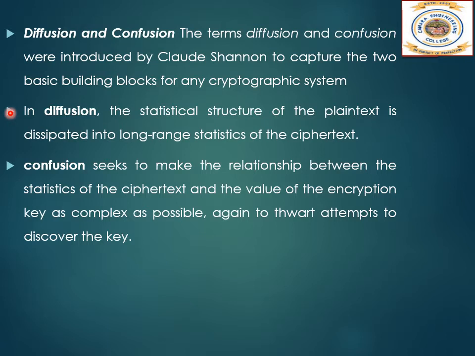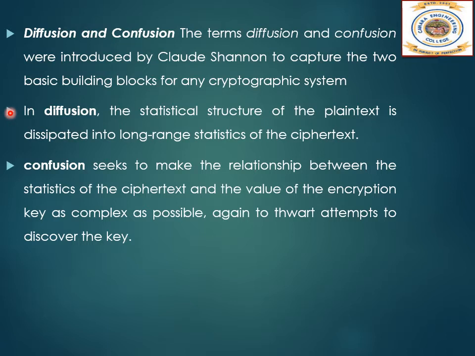Every block cipher involves a transformation of a block of plain text into a block of ciphertext, where the transformation depends on the key. The mechanism of diffusion seeks to make the statistical relationship between the plain text and the ciphertext as complex as possible in order to thwart attempts to deduce the key.